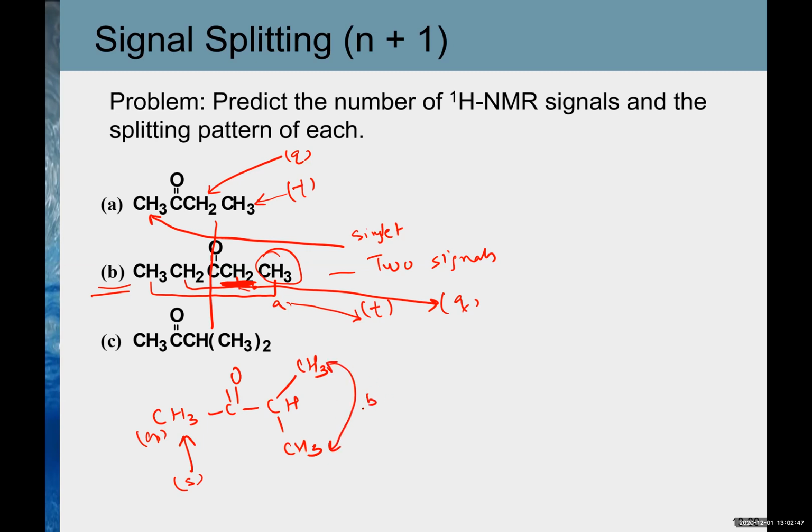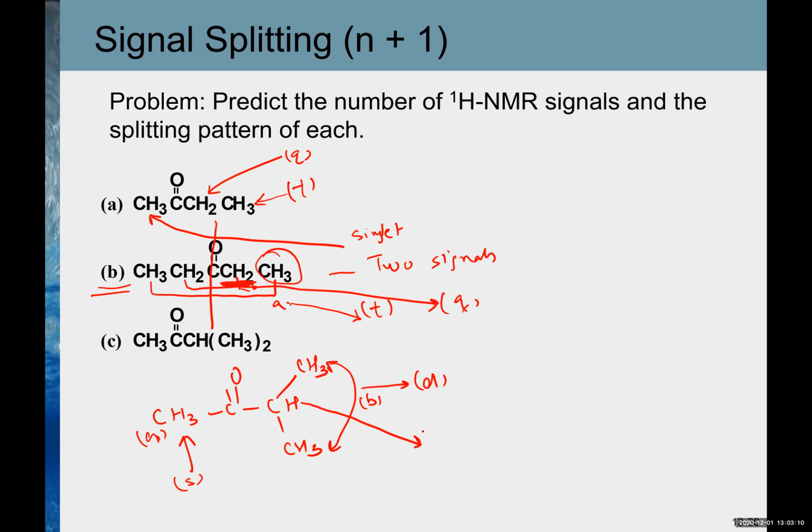These two are equivalent. Let's call them B. What will be the multiplicity of B? Doublet. Doublet is correct. Finally, this one. What will be the multiplicity of this one? Quartet.